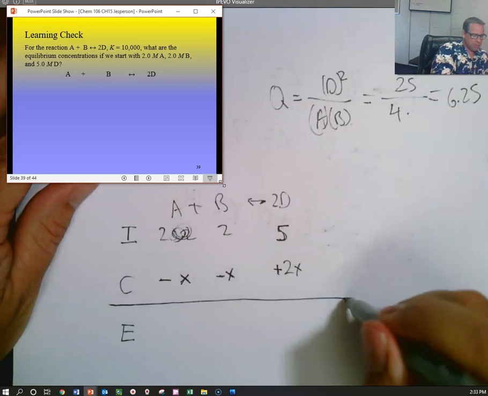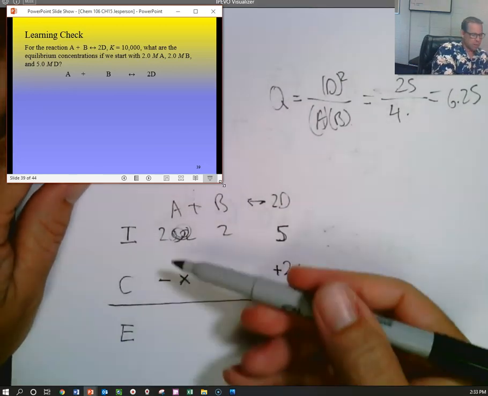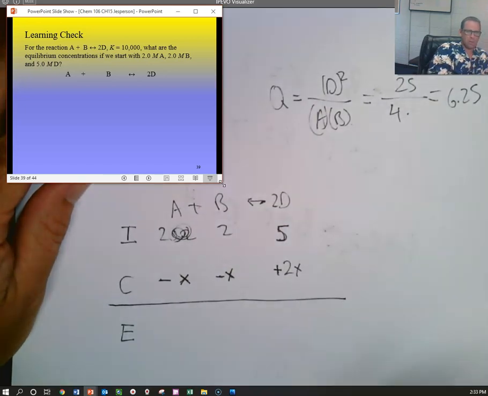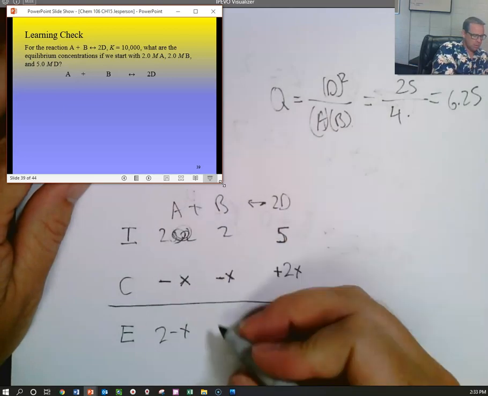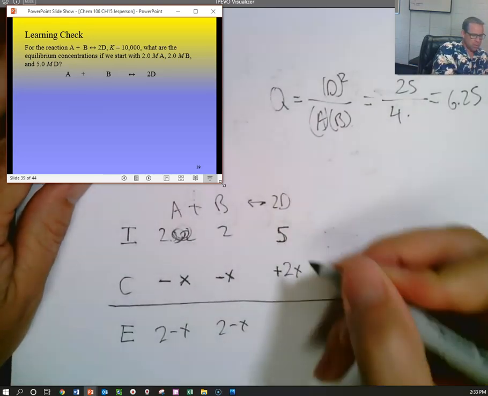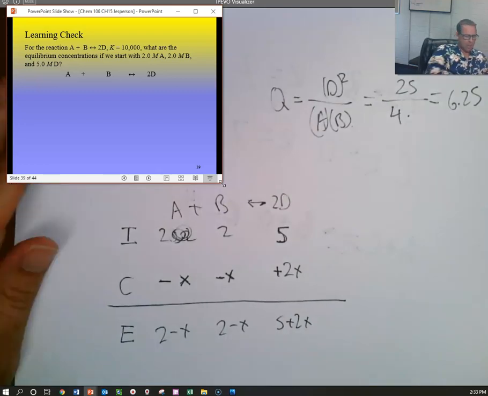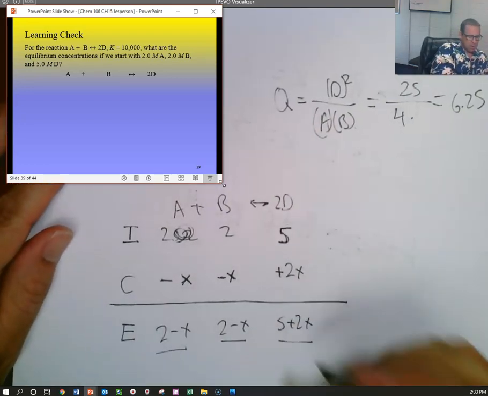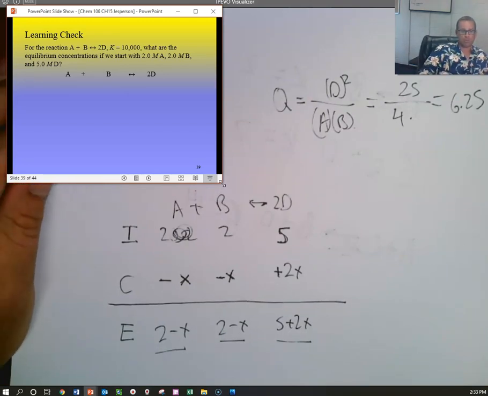Now, after we have the initial and the change, then the equilibrium concentration is just the sum of those two. So this is going to be 2 minus x. This is going to be 2 minus x. This is going to be 5 plus 2x. And these are our concentrations of our solutions once we've reached equilibrium.